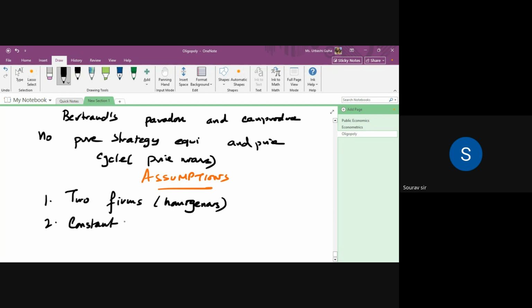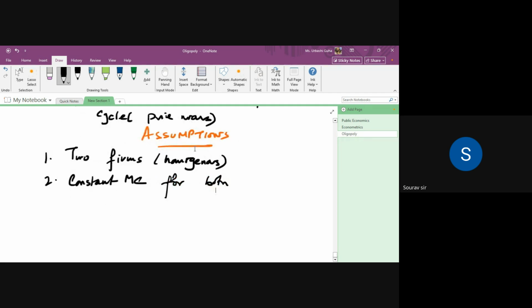Constant marginal cost for both. So both means no fixed cost, needed for the core argument, which we started.